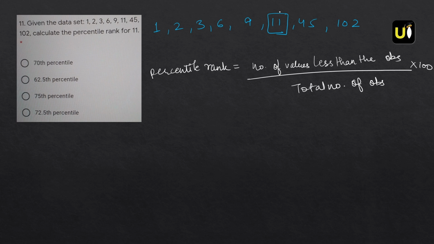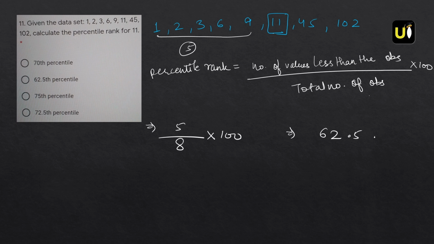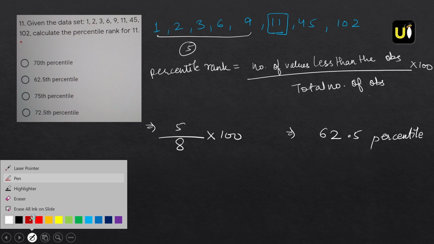So suppose here, before 11 we have 5 observations, so this would be 5 upon the total number of observations, 8, into 100, so this would be 62.5 percentile. All right. So this is how you calculate the percentile rank.